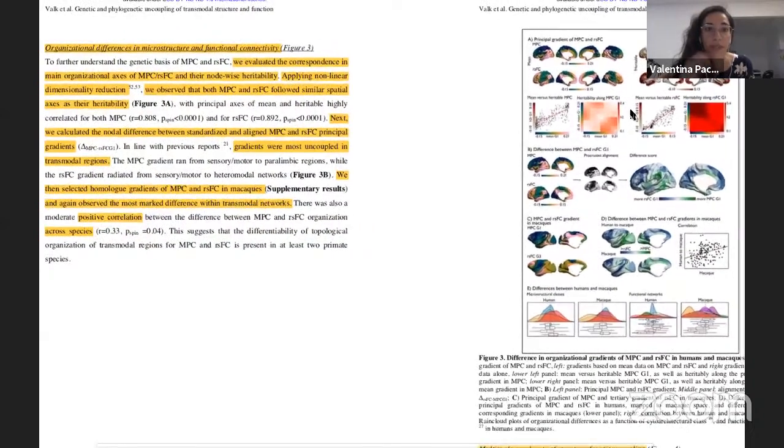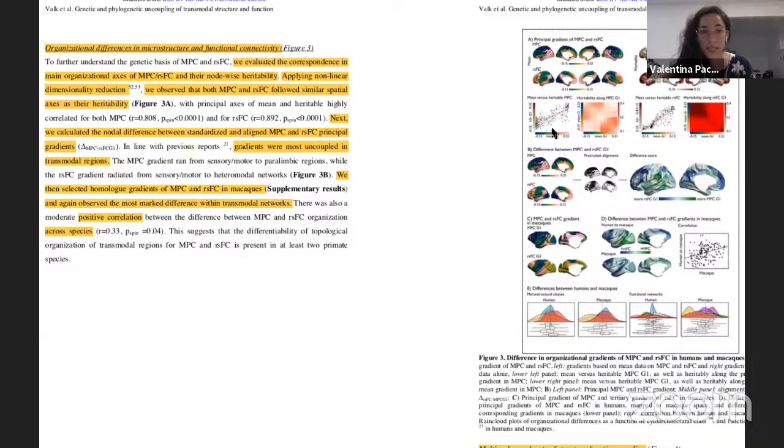So they evaluated the correspondence in the organizational axis of structural and functional heritability node-wise, so the 400 nodes. They applied nonlinear dimensionality reduction and observed that structural and functional matrices followed a similar spatial axis compared to their heritability.